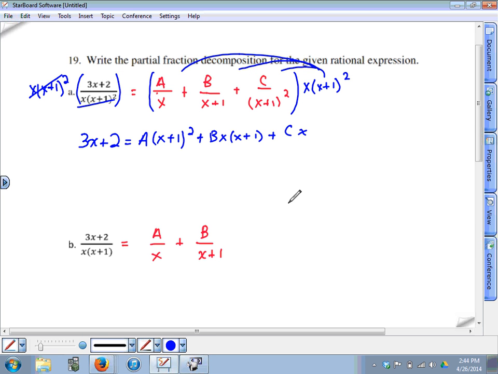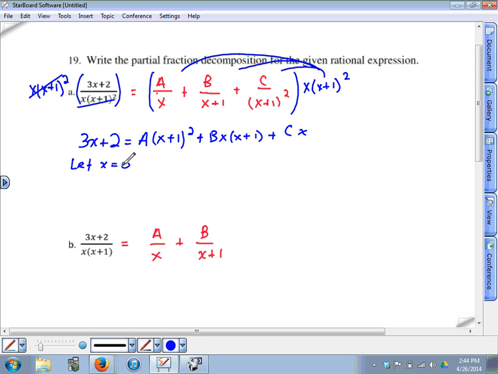What you need to do next is choose what we've called convenient values of x that would eliminate a piece of this right side. For example, if I let x equal 0, and the reason we can do this is it doesn't matter what x equals, we're solving for A, B, and C, so x could be anything.